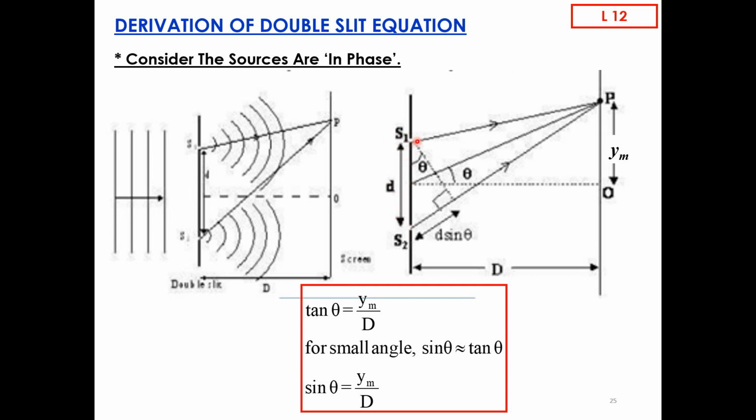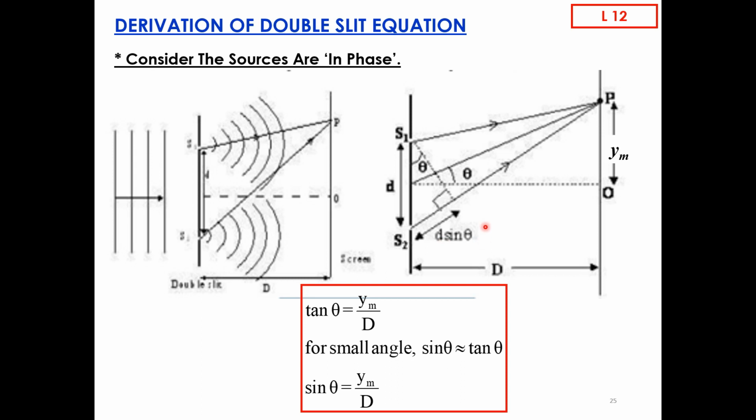We draw a line from source 1 to source 2, so there is a right angle here. Can you see theta here? This is our hypotenuse, and the path difference is the opposite. How to calculate the opposite? We use sin theta, so the path difference equals d sin theta.